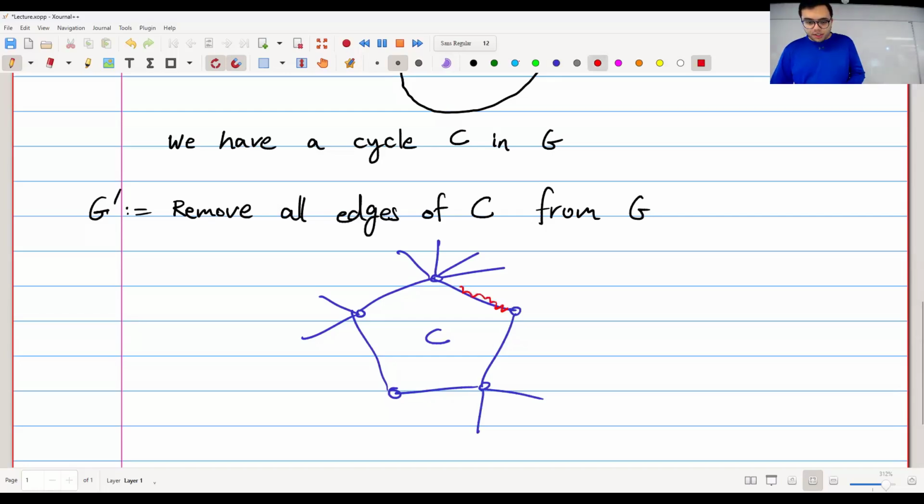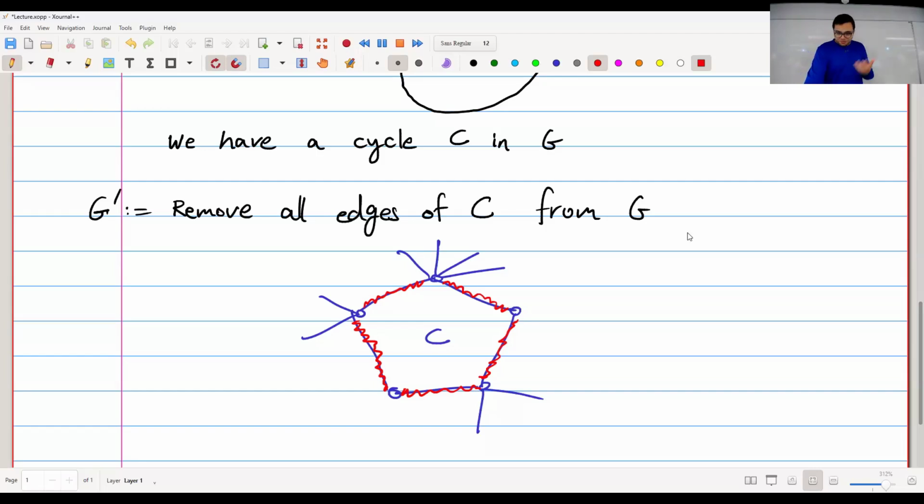But what does this do to the degrees of the vertices? Every vertex that is in the cycle loses two edges. So the degree goes down by 2. Every vertex that is outside of the cycle does not lose any edges. So before this operation, I know that the degrees of all of my vertices are even. After this operation, all the degrees will also be even, right? But now I have fewer edges.